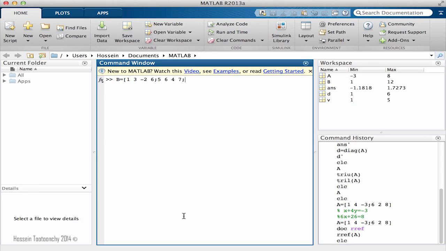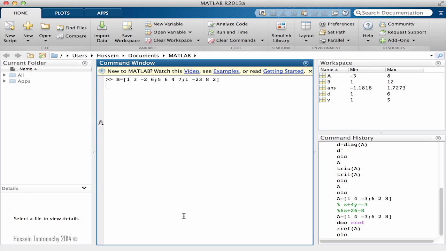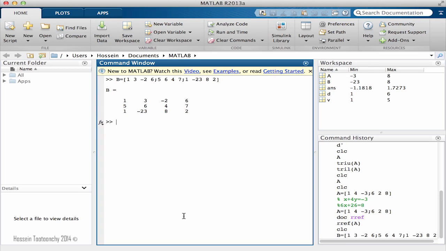So this one and 1, -12, 8, and 2. That's it. So now I created a matrix, and the way that you can read it is 1x, 3y, minus 2z equals so on and so forth. Now I want to find the values of x, y, and z that make the whole set of equations satisfied.